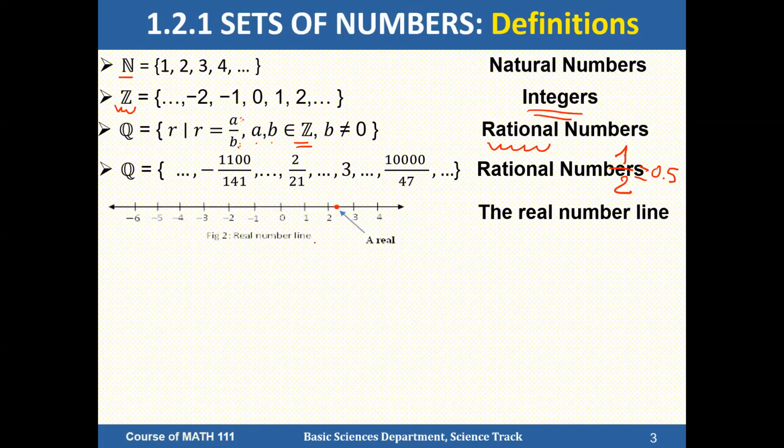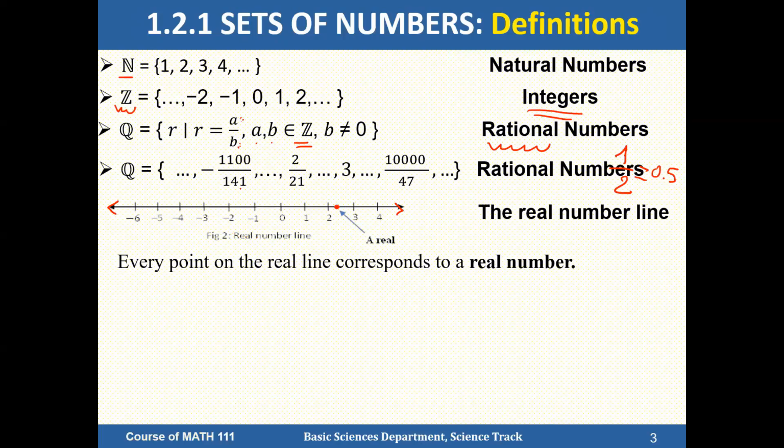All real numbers can be represented on a line with 0 here, positive numbers on the right, and negative numbers on the left. And here we have two arrows to say that it's infinite on both sides, to the right and to the left. What are real numbers?